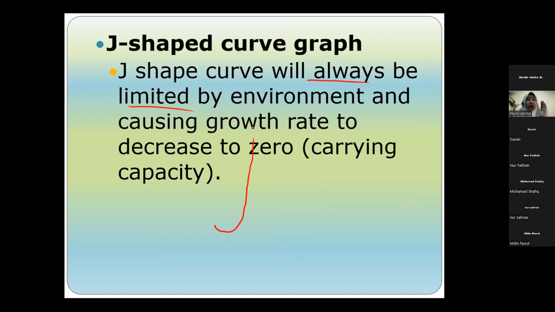At one time, the population must encounter environmental resistance or environmental limitation. Must. And thus, from J, later on, it will become S, right? So the J shape will change into an S-shaped curve due to limiting factors or environmental resistance.